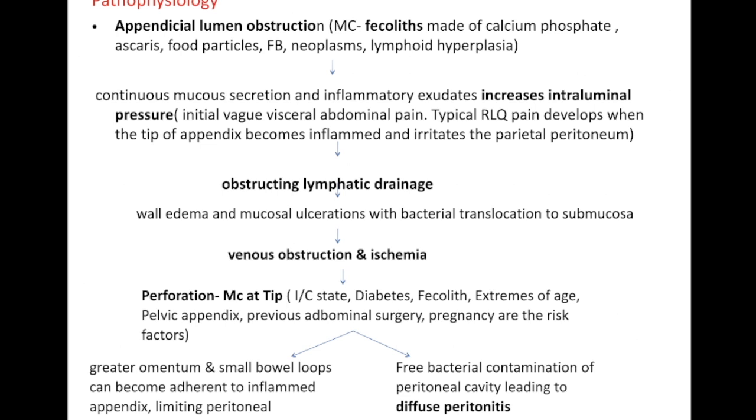The greater omentum and the small bowel can become adhered to the inflamed appendix, leading to a limitation of the peritoneal contamination, thus resulting in an abscess or a phlegmon. Free bacterial contamination of the peritoneal cavity can lead to diffuse peritonitis. So presentations can be varied depending upon how immunocompromised or immunocompetent our patient is.